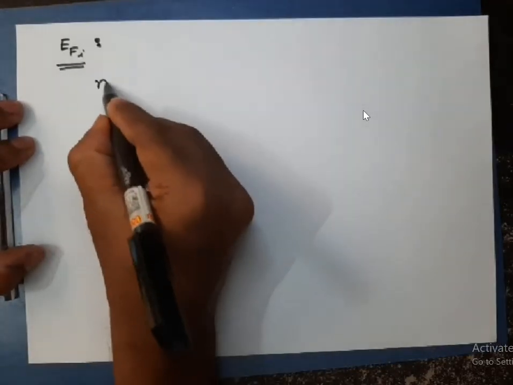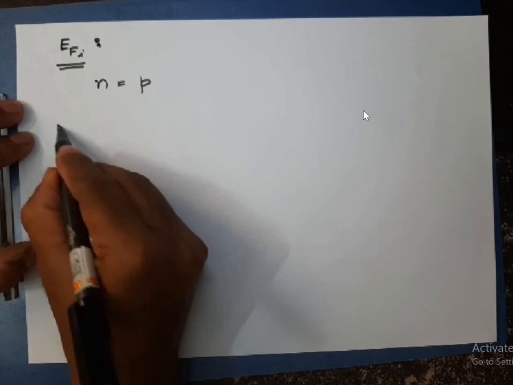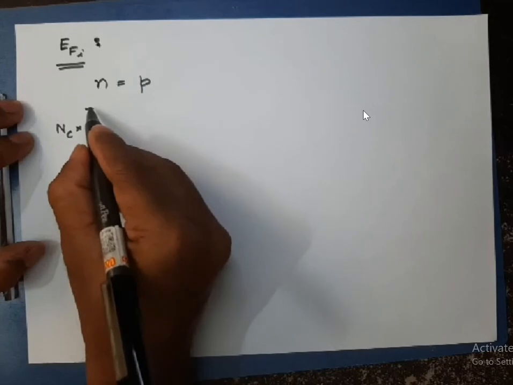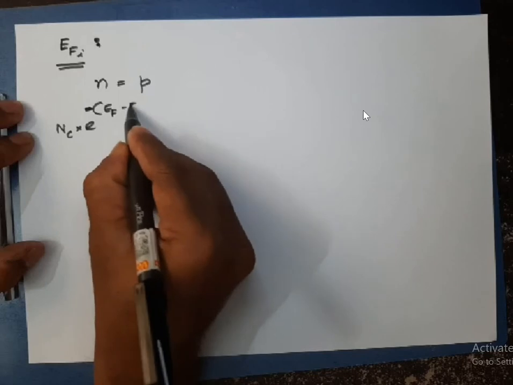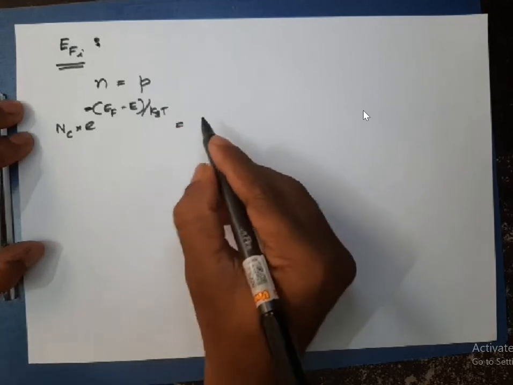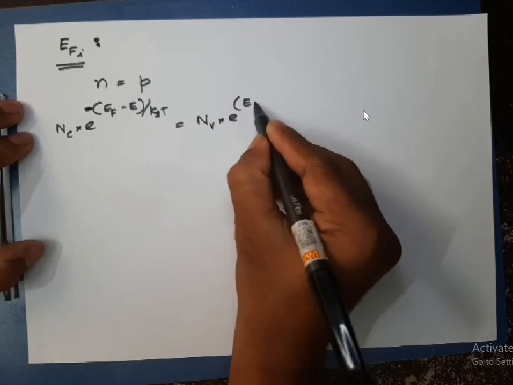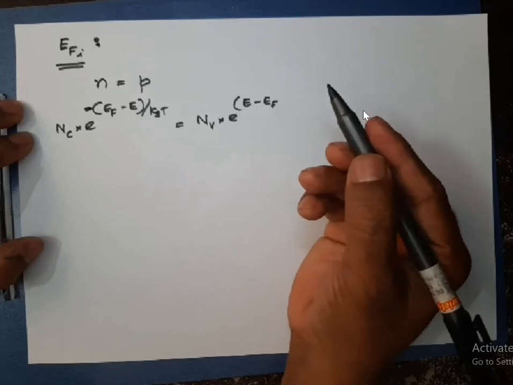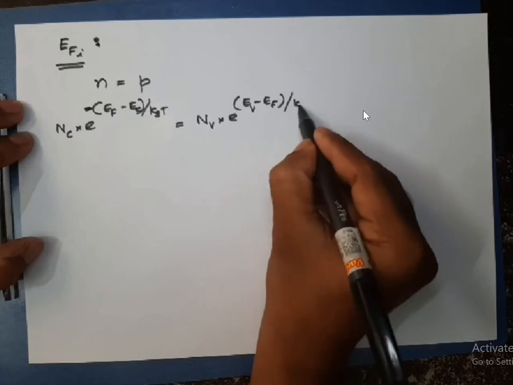We know very well N is equal to P for an intrinsic semiconductor. What is N? N is Nc into e power (EF minus EC) by kBT, and P is equal to Nv into e power (EV minus EF) by kBT.